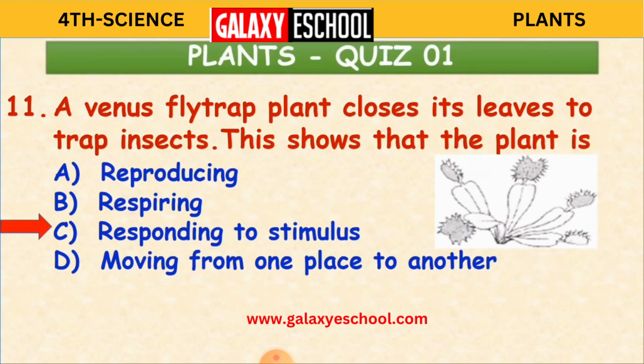Okay, children, stimulus is nothing but a reaction for an action. For example, in the insectivorous plant, the Venus flytrap closes its leaves when the insect comes near, and takes it as food. Same like that, the sunflower plant turns according to the sunlight.